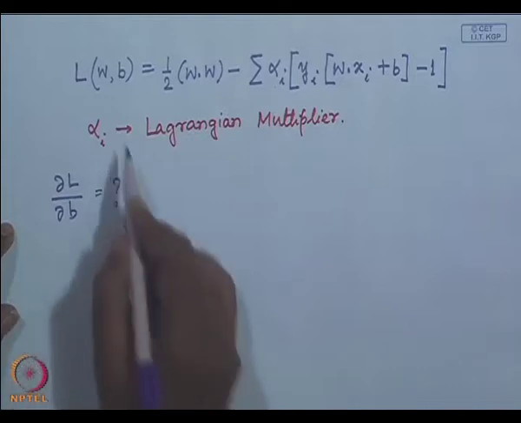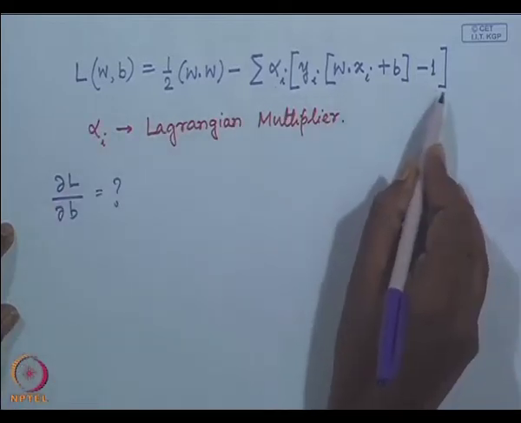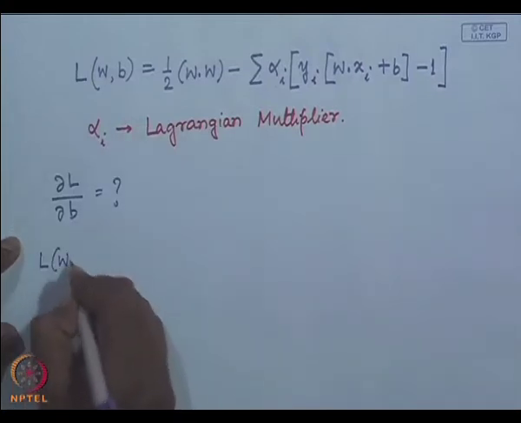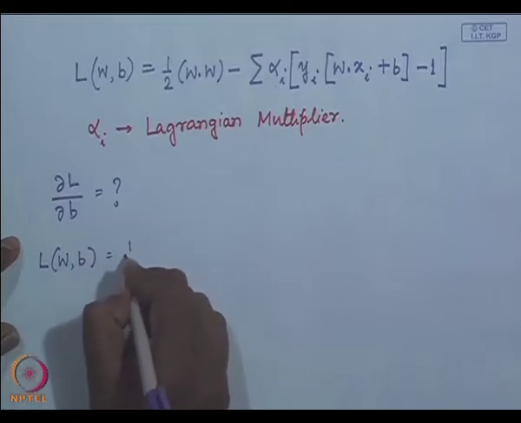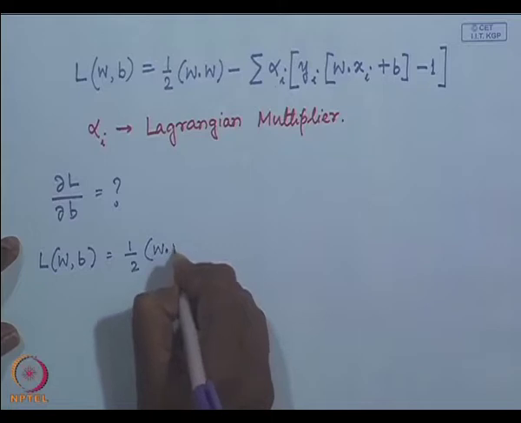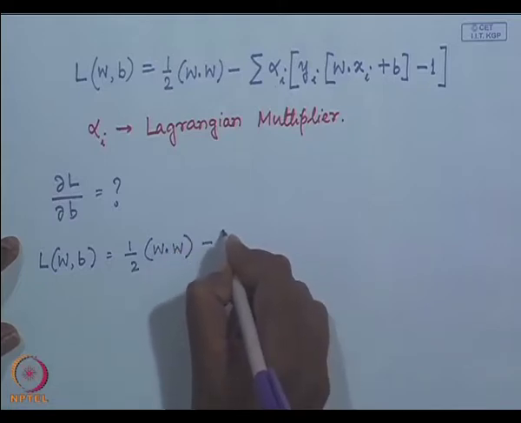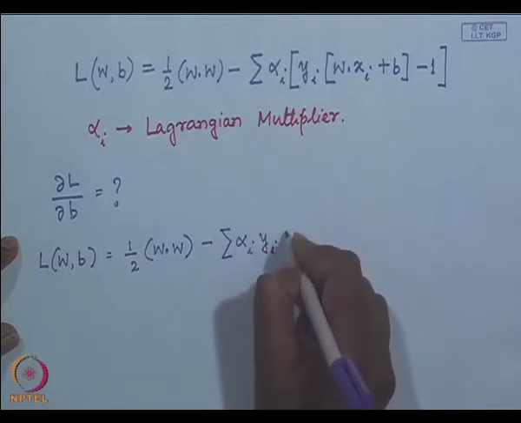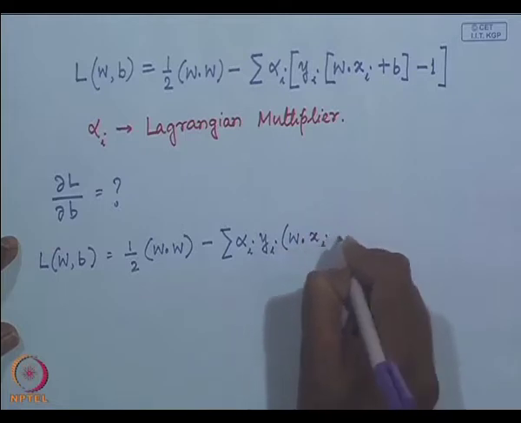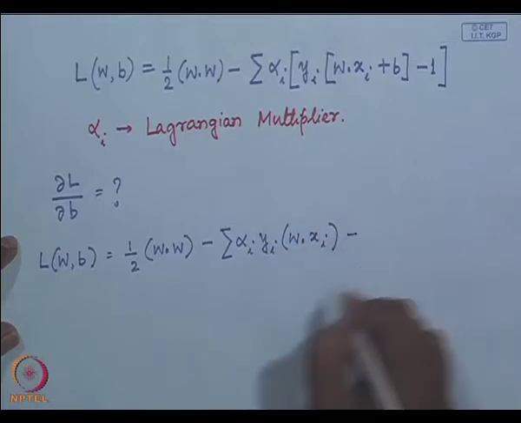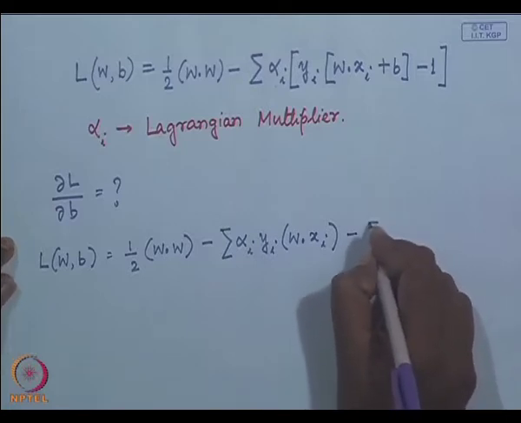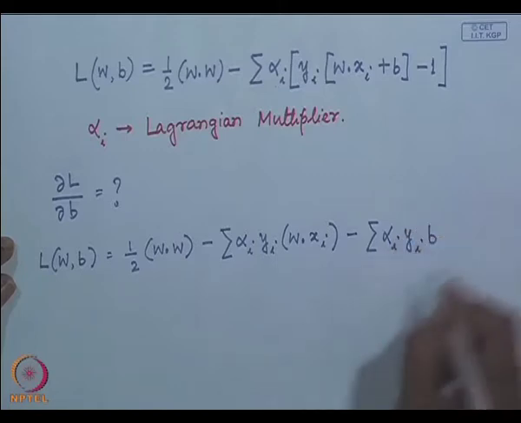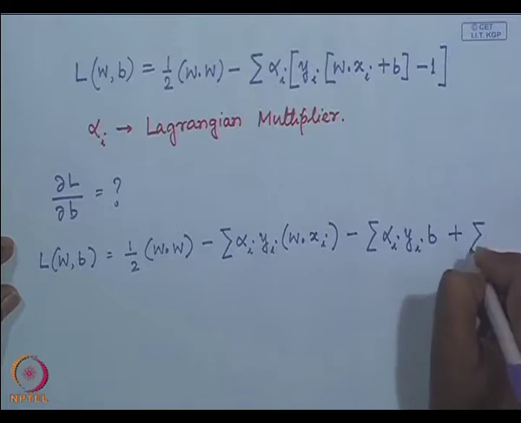So, for doing this, let us try to expand this equation and see what this expression is. In the expanded form, I will have L(w, b) is equal to half of w dot w minus sum of alpha_i y_i into w dot x_i minus sum of alpha_i y_i b plus sum of alpha_i.